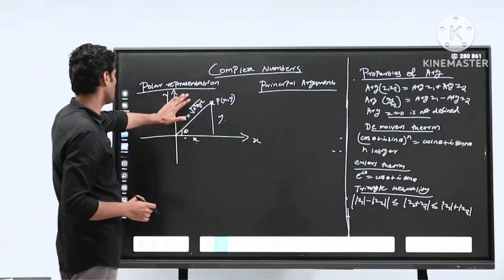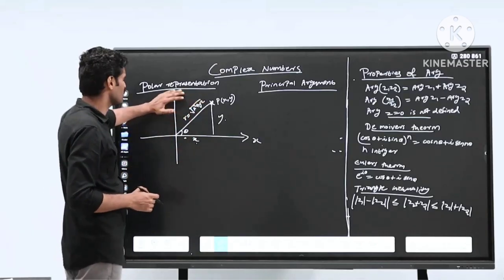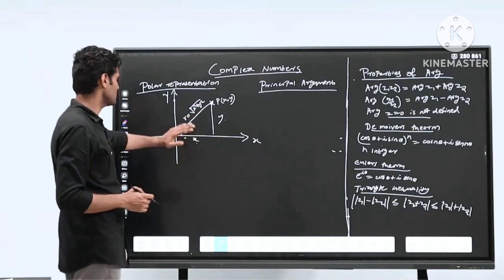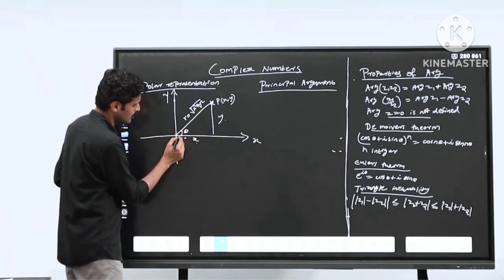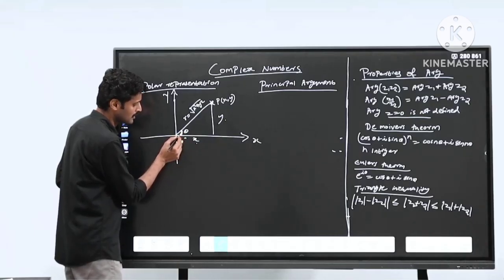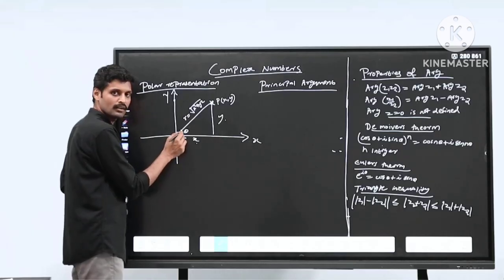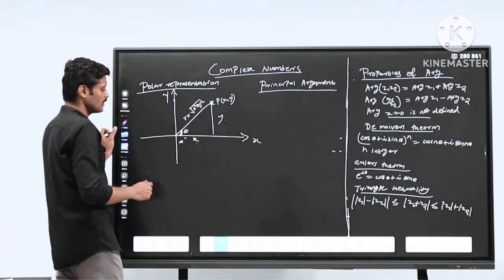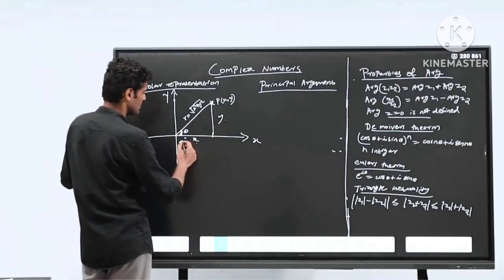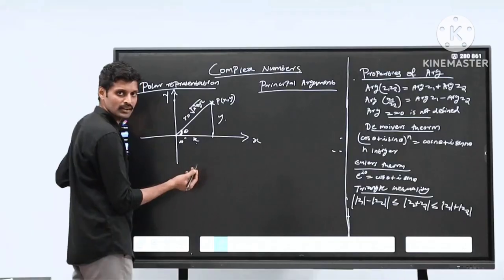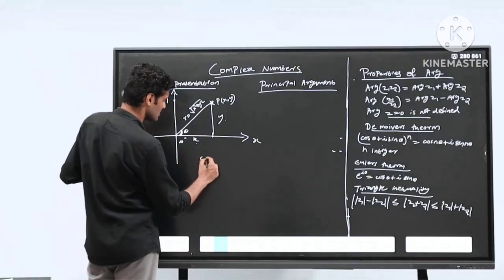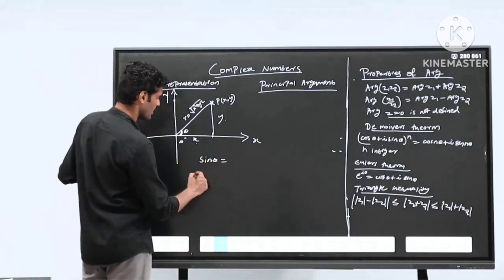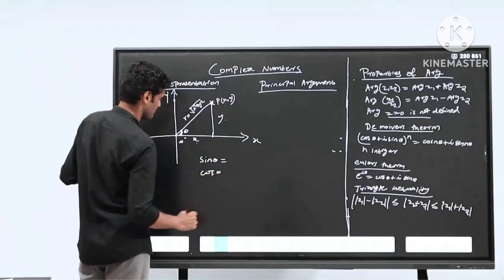So how do we represent the polar coordinates? From the origin, in the anti-clockwise direction, there generates an angle, that is theta. So what is sine theta here and what is cos theta here?